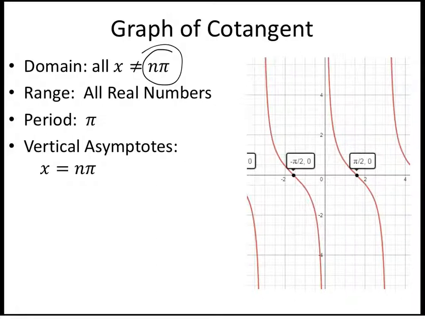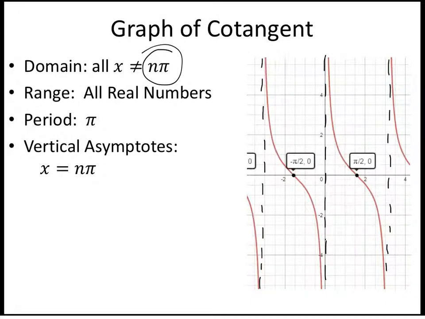So I have a vertical asymptote at the line x equals 0. I have a vertical asymptote at the line x equals pi. At the line x equals 2 pi, 3 pi, negative pi, we're going to have an asymptote as well.